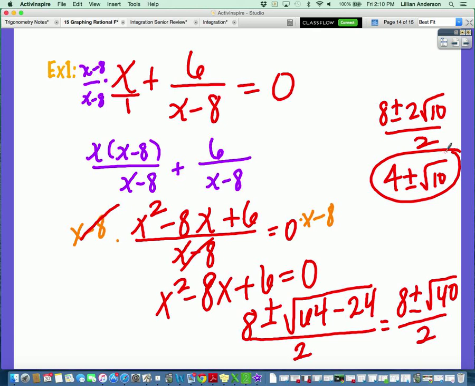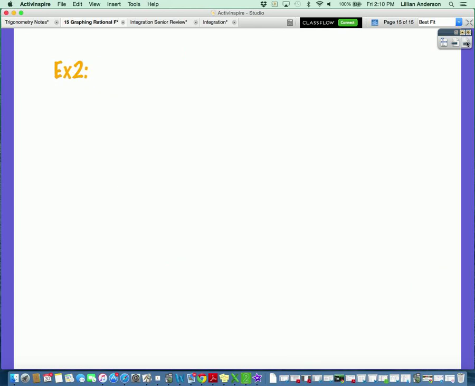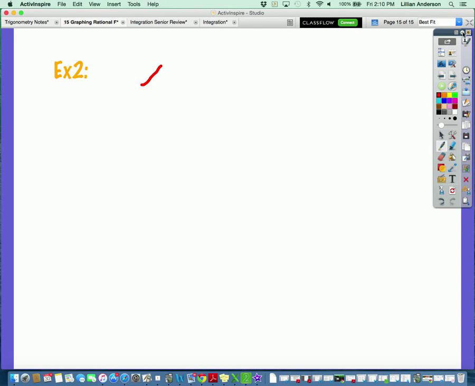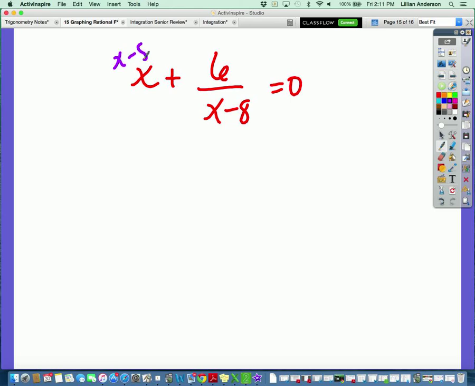Another way. Instead of multiplying to get that common denominator and then adding them together, if I multiply by the common denominator, which was x minus 8, to every single term, over here I would have had an x squared minus 8x.